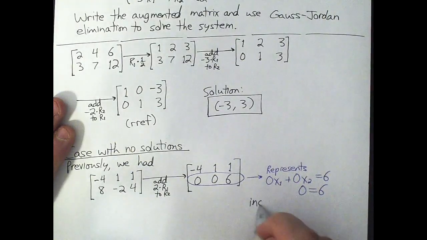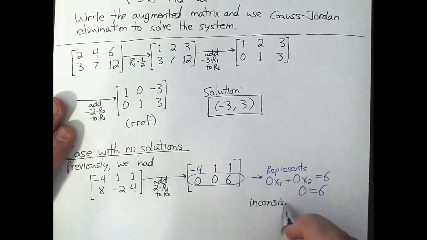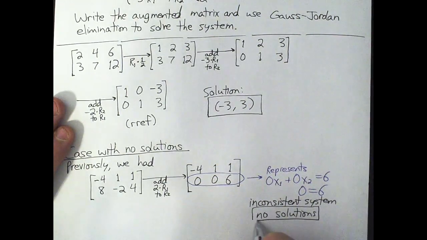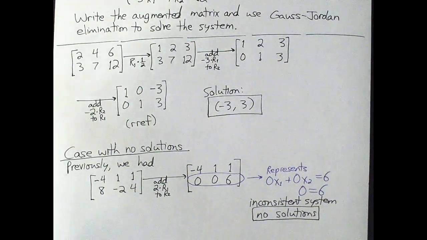This is an inconsistent system. It has no solutions. So when you're doing row reduction and you wind up with a row like that, that's how you know there's no solutions. It's telling us something nonsense like 0 equals 6.